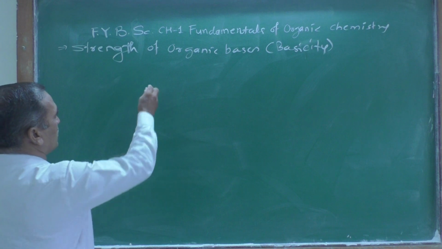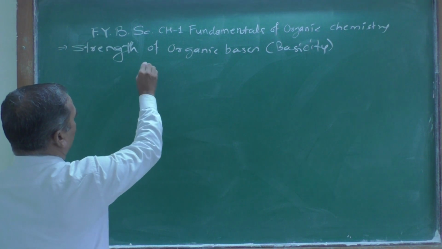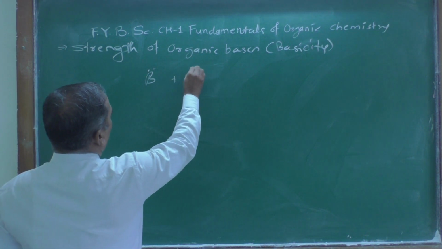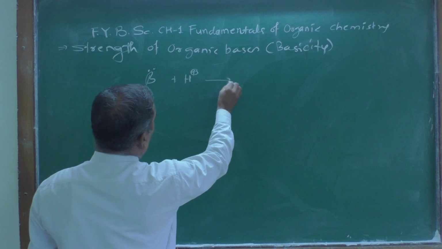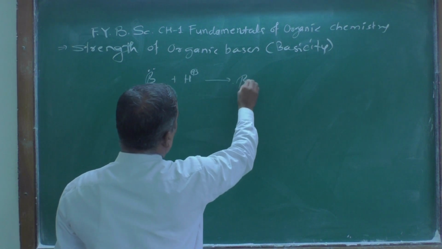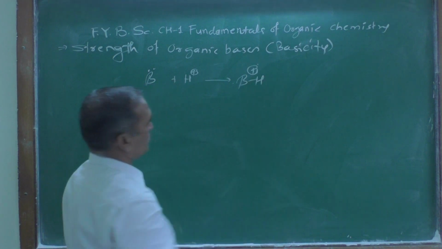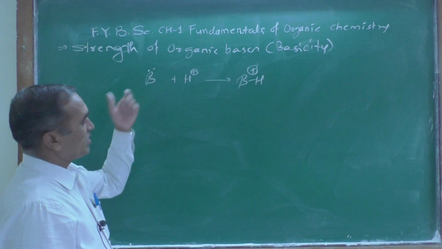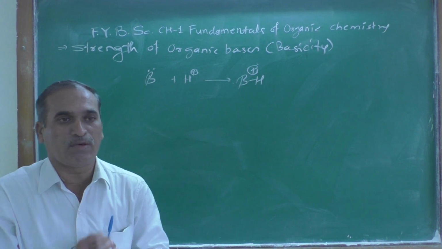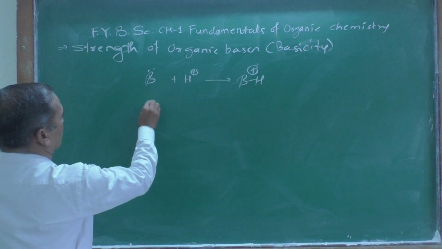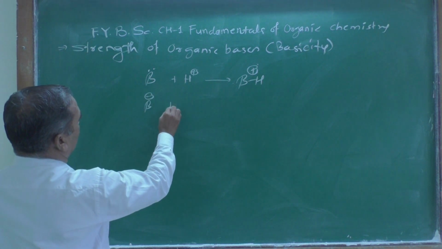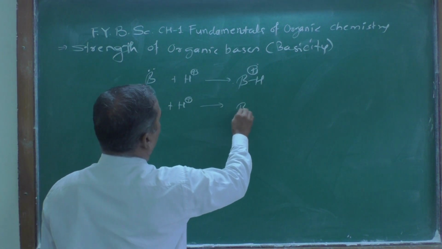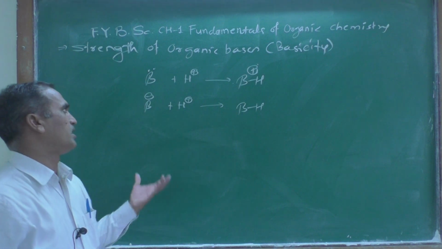For example, suppose we have a base with a lone pair and it will pick up the proton, and you are going to get BH positive. Or sometimes the base may be a negatively charged species. Suppose B negative picks up the proton, and you are going to get BH, a neutral species.